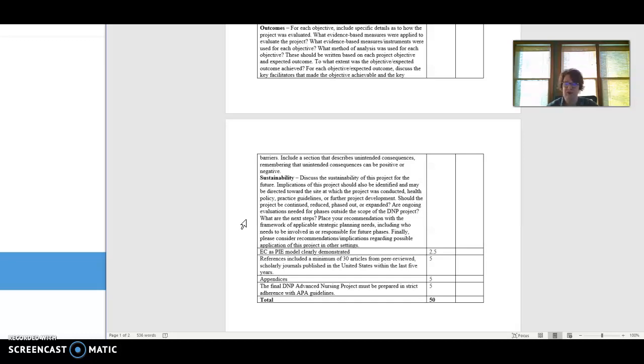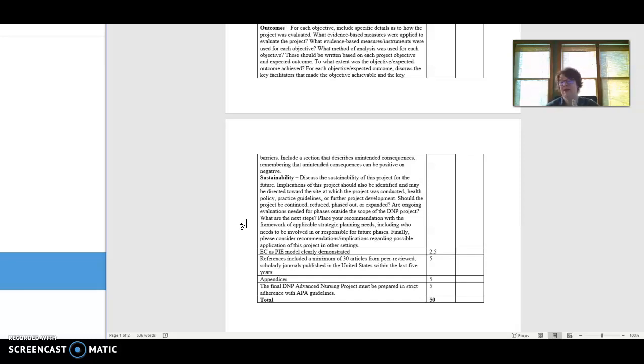The most important thing is really that you use the evidence to apply in practice, and that's the hallmark of DNP projects: implementing evidence-based practice, developing those skills to apply the science in practice, and making sure that we're applying the best science so we can have the best possible outcomes for those that we serve.